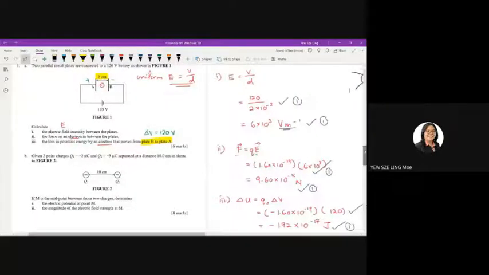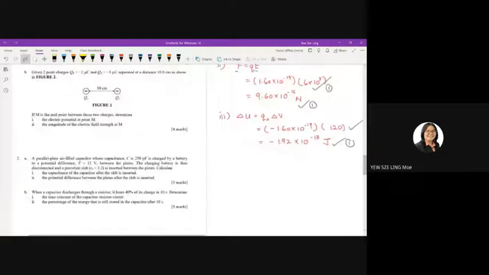So now let's look at question B. In question B, you are given two point charges, Q1 and Q2. Q1 is a negative point charge, and Q2 is also a negative point charge. They are separated by a distance of 10 cm as shown in figure 2.